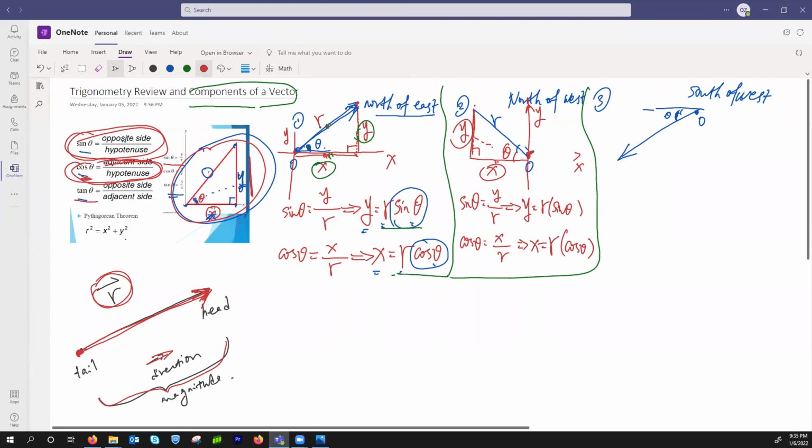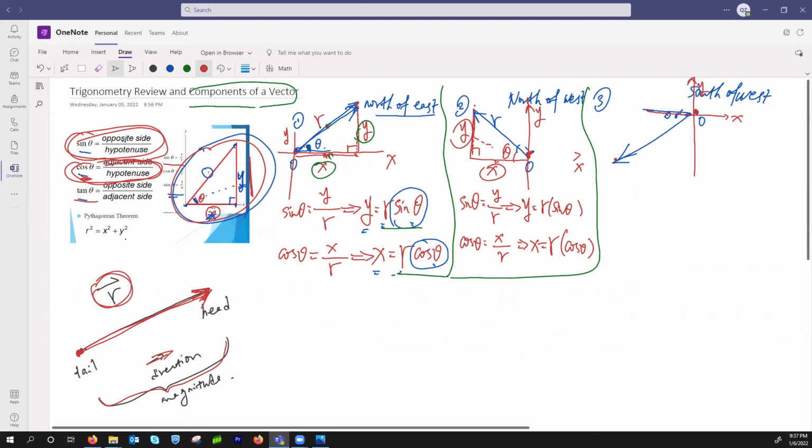Let's move on to the third case. In the third case, this vector is at a different direction, south of west. Again, we start with the tail of the vector, and then find the head of the vector here. And we build a coordinate system, horizontal, that is x, and vertical, that will be y.